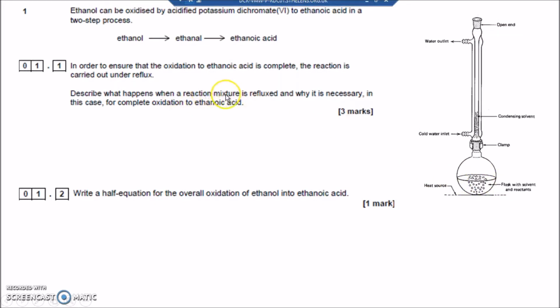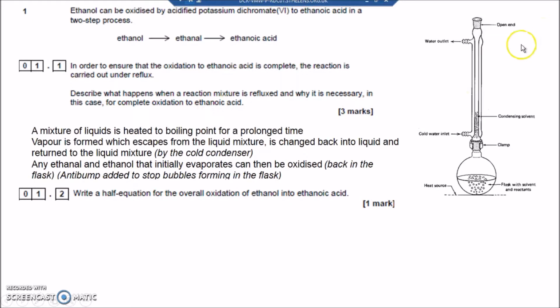So describe what happens when a reaction mixture is refluxed and why it is necessary in this case for the complete oxidation to ethanoic acid. So the mixture of liquids are heated in the flask to a boiling point for a prolonged time, but any vapour, any gases that escape from the liquid mixture are then cooled and condensed by the cold water condenser and returned into the flask as a liquid.